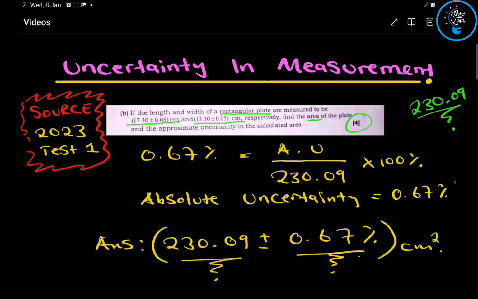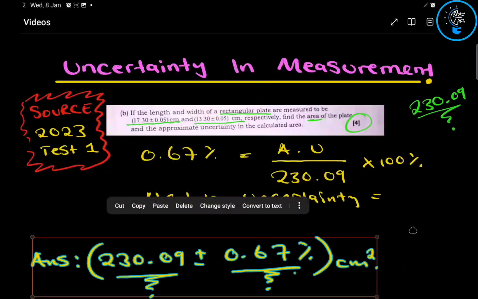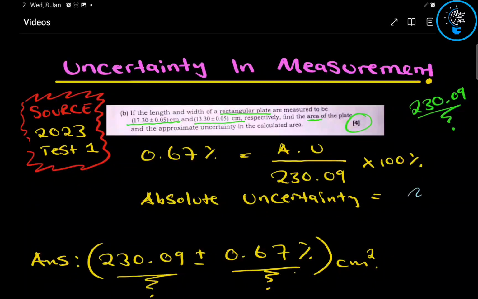will be multiplied by, okay, let's push this work down this side so that we work out this part. So we are saying 0.67% will be multiplied by 230.09.